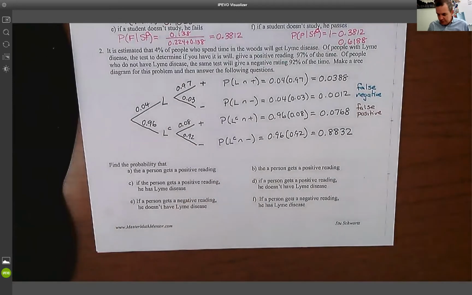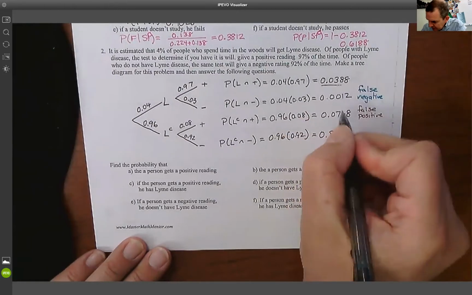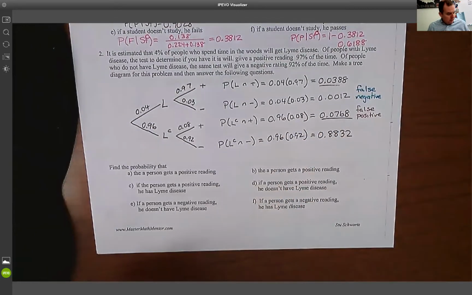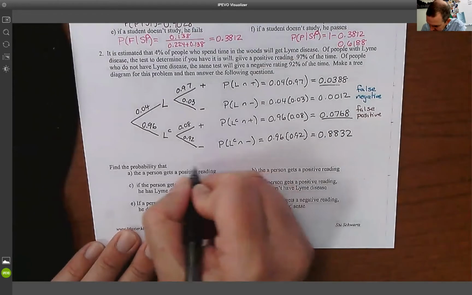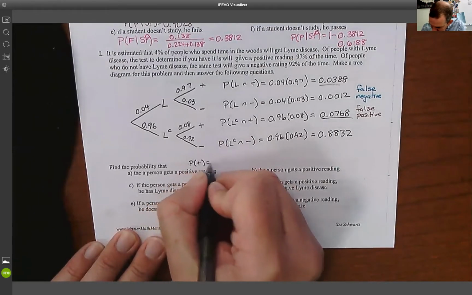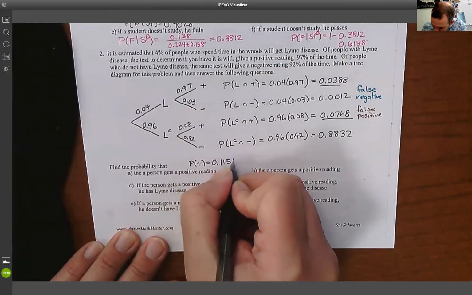So in this case, what is the probability that someone gets a positive reading? It's going to be these people here plus these people here. So I'm going to do 0.0388 plus 0.0768. The probability that I get a positive result is about 11.56%.